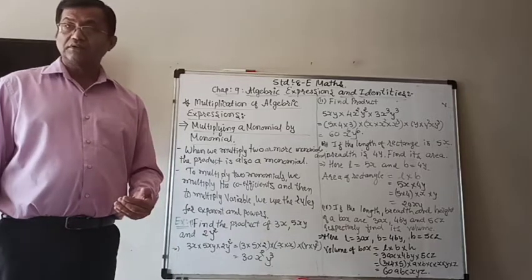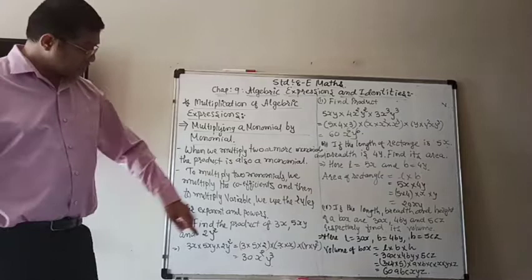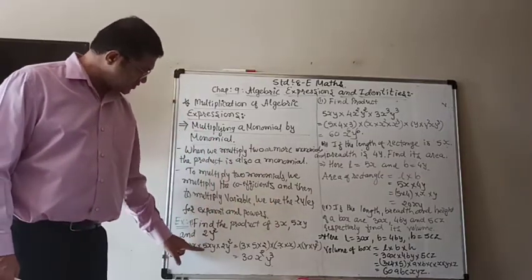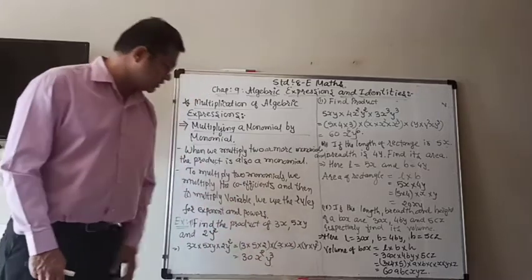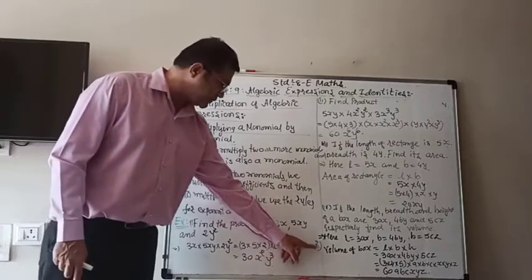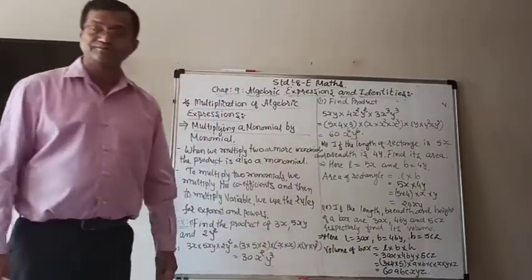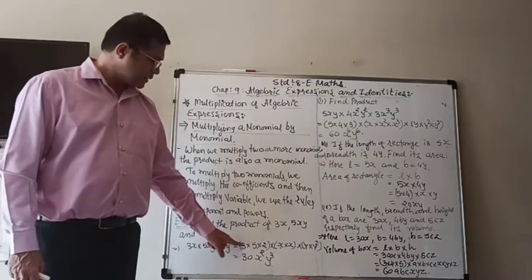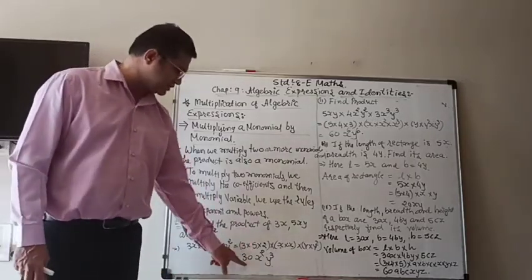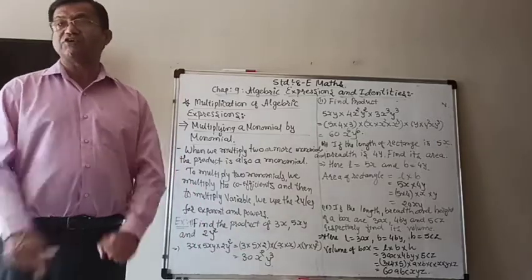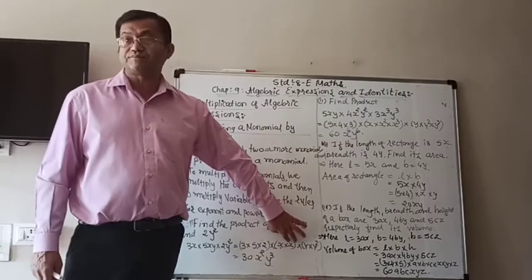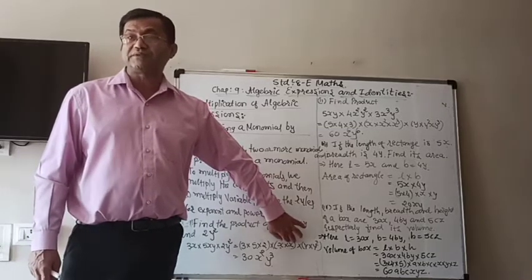Then, whatever the others are, here x is there and here also x, so we put both x together. Here y and y square are there, so in another bracket we put y multiplied by y square. Now the product of the coefficients: 3 fives are 15, 15 twos are 30, so we write 30 first. Now x multiplied by x: here we use the rule of power and exponent.